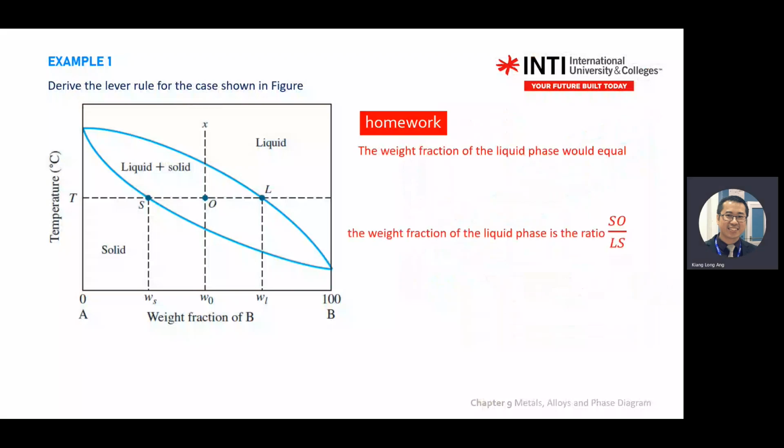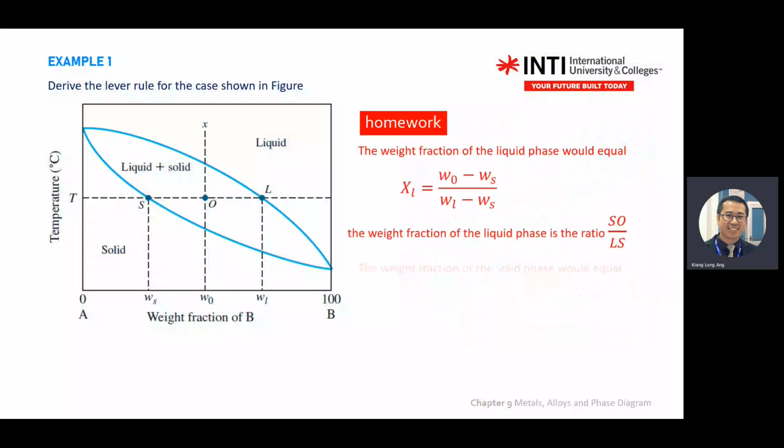Just now it was liquid, solid, now you flip the thing. So to find the solid, you take this one, divided by here to here. Solid is in front, always near to the liquid. Same with here. If you take this one and this one, that is the liquid percentage.